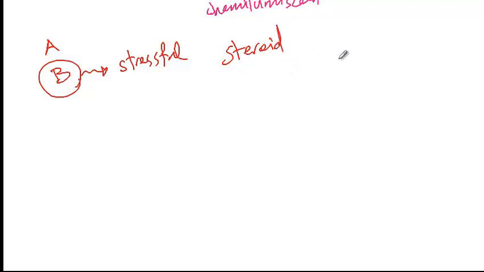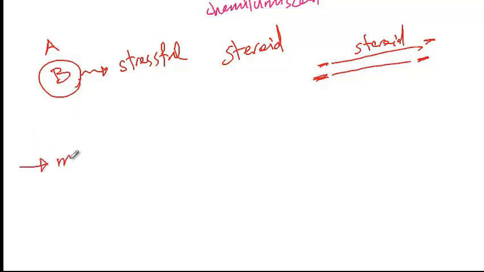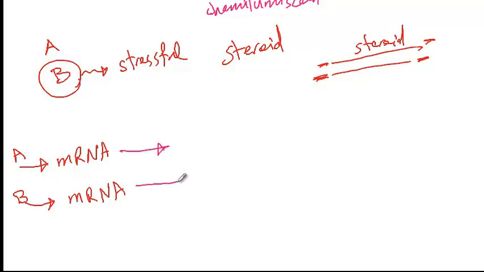So what we can do is find the steroid gene sequence and create primers that flank the steroid gene. Now from both of these animals, subject A and subject B, we isolate mRNA, and then using reverse transcriptase, create cDNA.